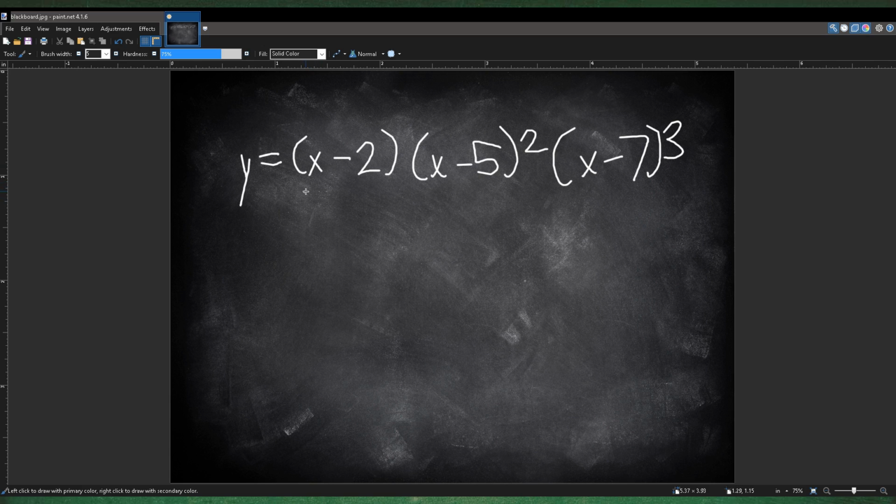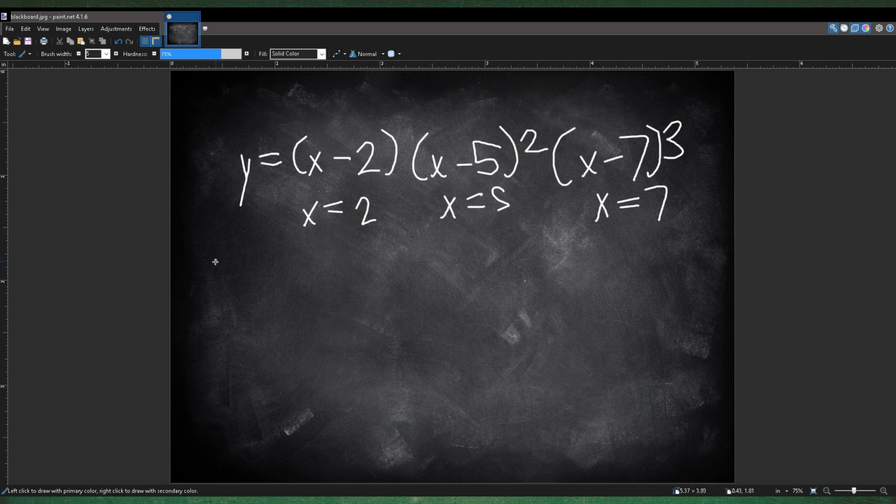So in this case, if we plug in x equals 2 into the equation, that means 2 minus 2 equals 0. Or we could plug in x equals 5 or x equals 7. Those are the ones that make zeros.